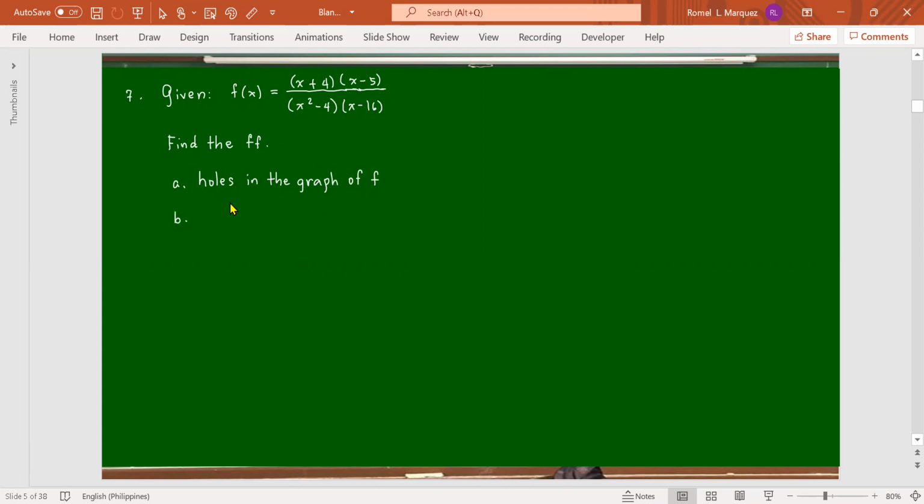Letter B, find the domain of f. Letter C, vertical asymptotes.